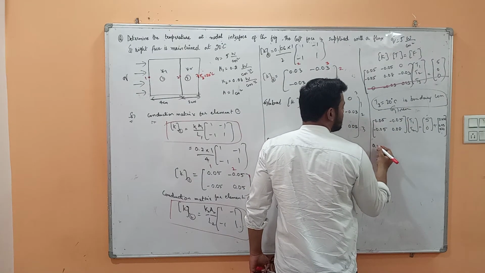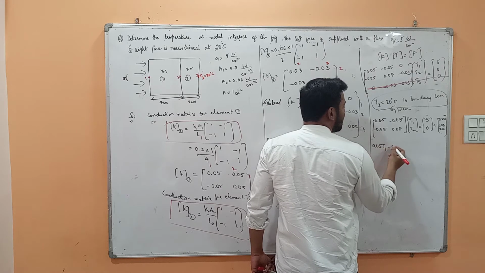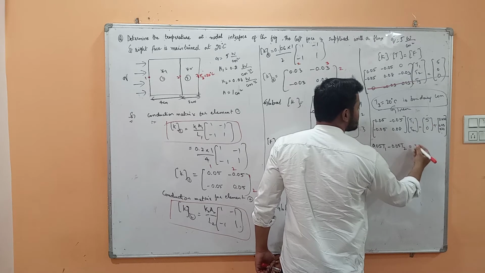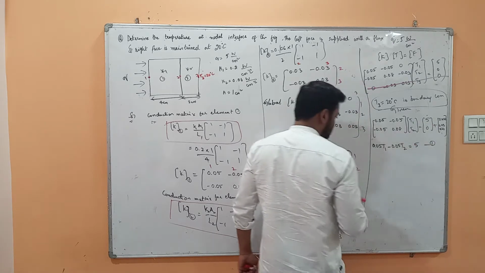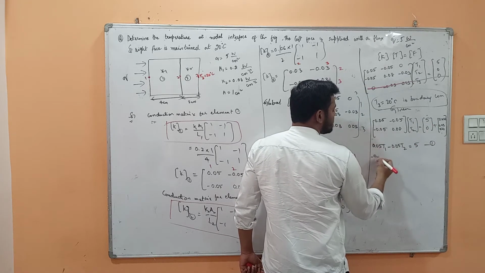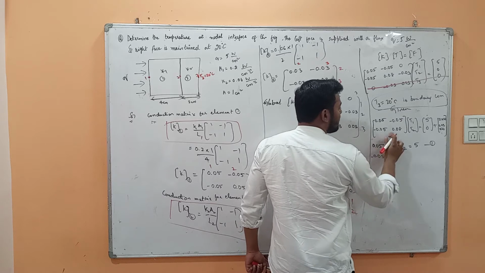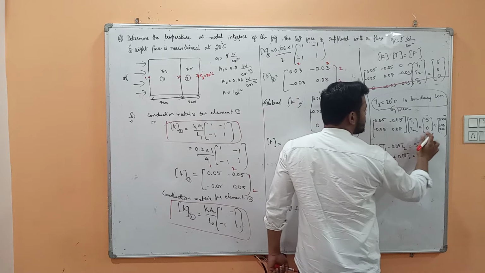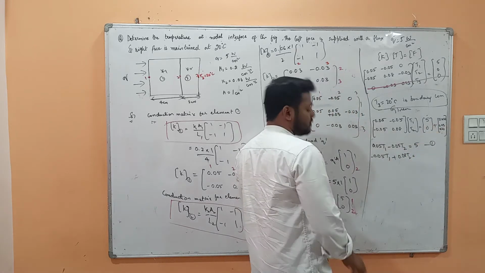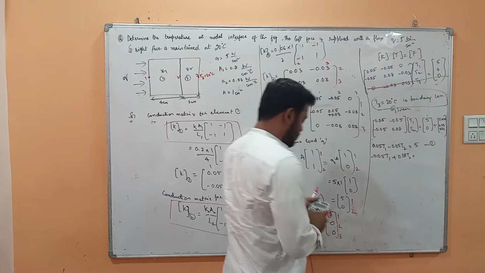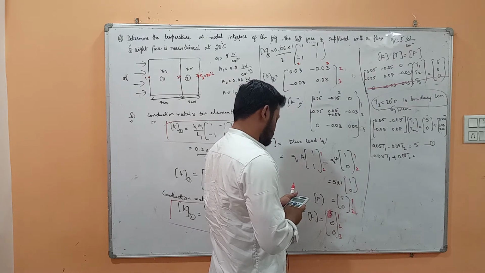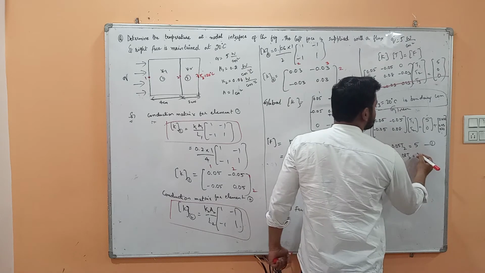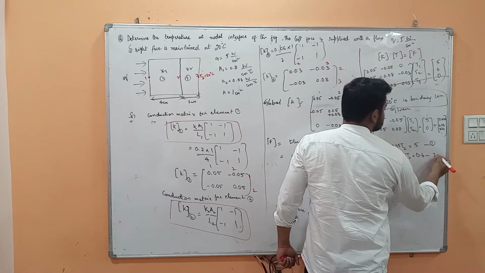So 0.05 T1 minus 0.05 T2 is equal to 5 plus 0, that is 5, equation 1. The second equation is minus 0.05 T1 plus 0.08 T2 is equal to 0 plus 0.03 into 20. So 0.03 into 20 comes out to be 0.6. This is equation 2.